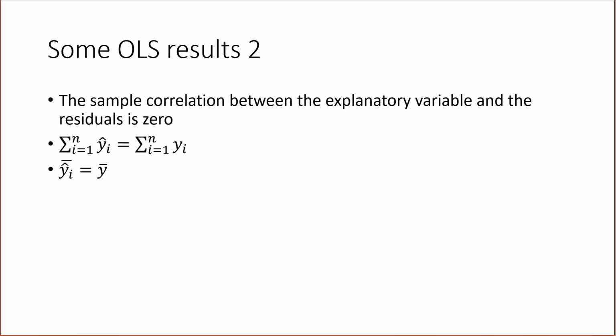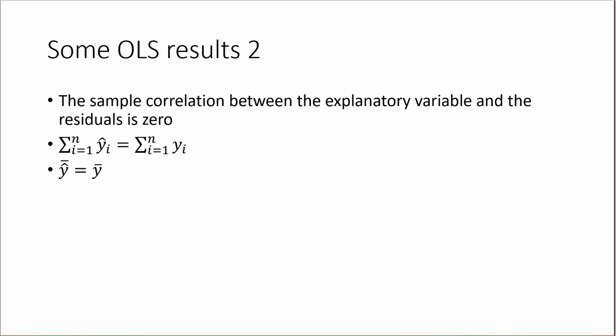This weird notation with yi first with the hat and then with the bar simply means the sample mean of the fitted values. The sample mean of the fitted values is the same as the sample mean of y. Where I just fixed a typo: there should be no subscript on the one to the left.